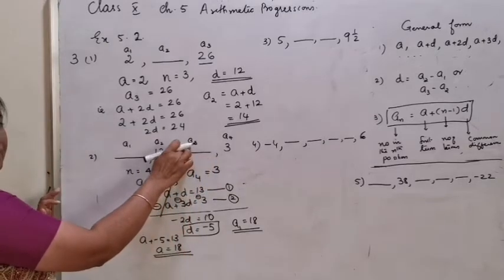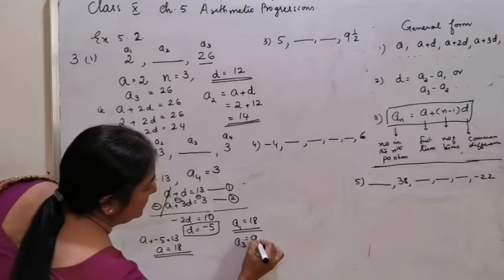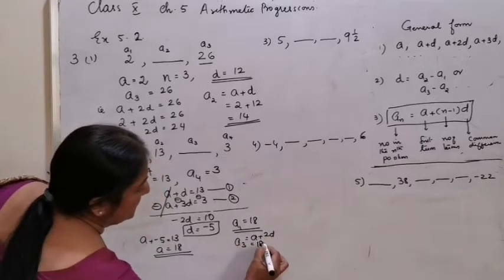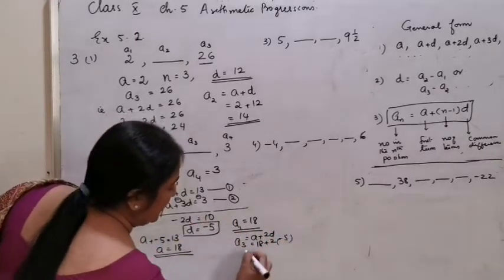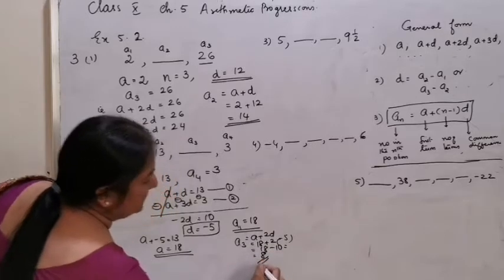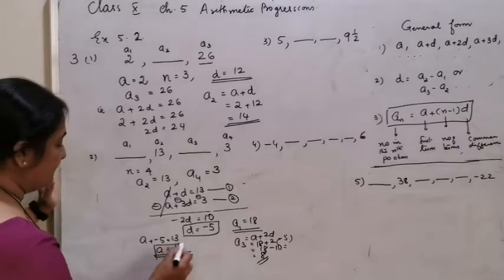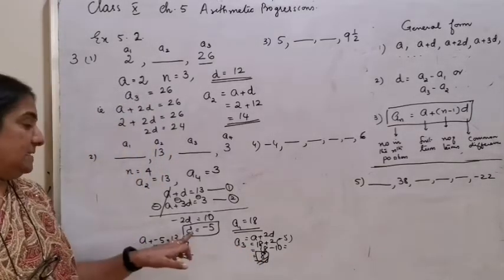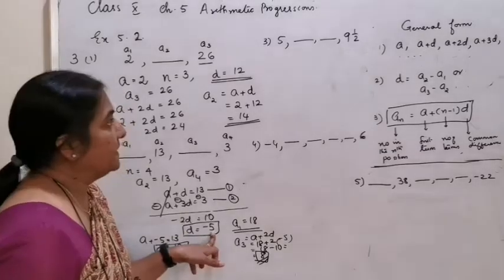Now you are supposed to find out what is A3. A3 is equal to A plus 2D, which is equal to 18 plus 2 into D value minus 5, 18 minus 10, which is equal to 8. So the missing values: A is 18 and A3 is equal to 8. It is a decreasing AP because the value of D is negative.